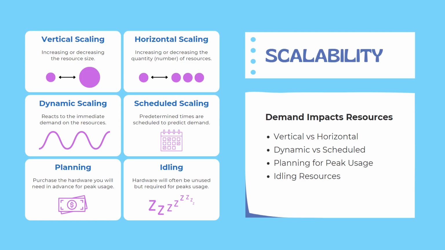Now, what does this create? Well, it creates a scenario where you have to have some type of planning in place. If you own a data center, you have to purchase the hardware you need, but you have to really predict those peaks, right? In this diagram here, you see some peaks and valleys. So a peak is when the highest traffic is coming in, right?